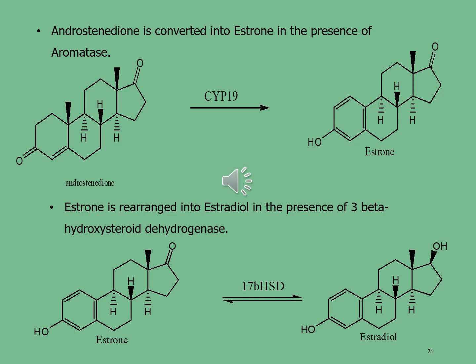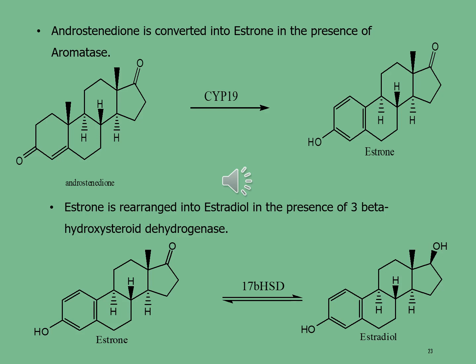In the third step, the estrone is rearranged into estradiol in the presence of 17-beta hydroxysteroid dehydrogenase, which is abbreviated as 17-BHSD. The estrone, which has an aromatic ring in the steroidal structure, which is the first ring, which has the hydroxyl group at carbon 3 position and a carbonyl group at carbon 17 position, is converted into estradiol.